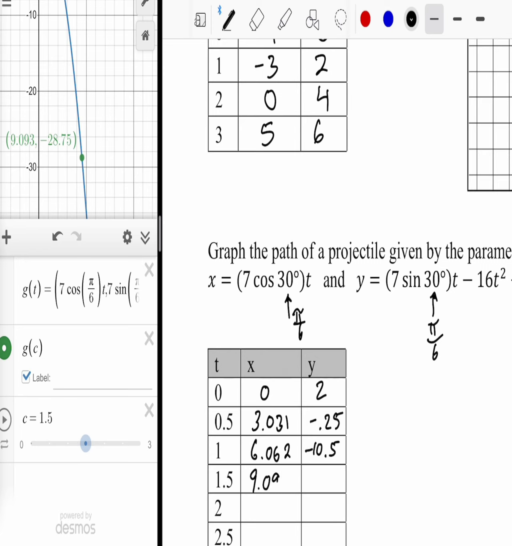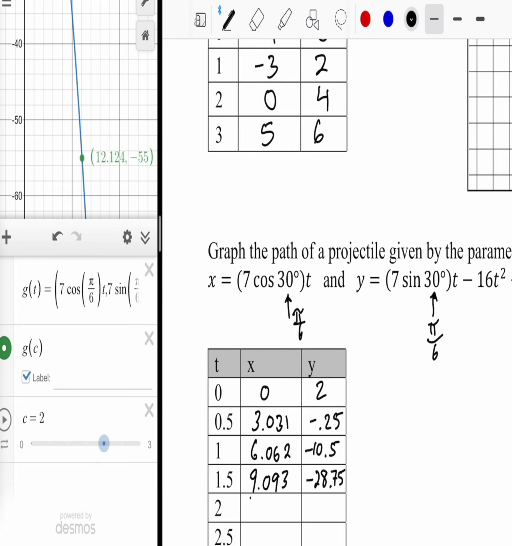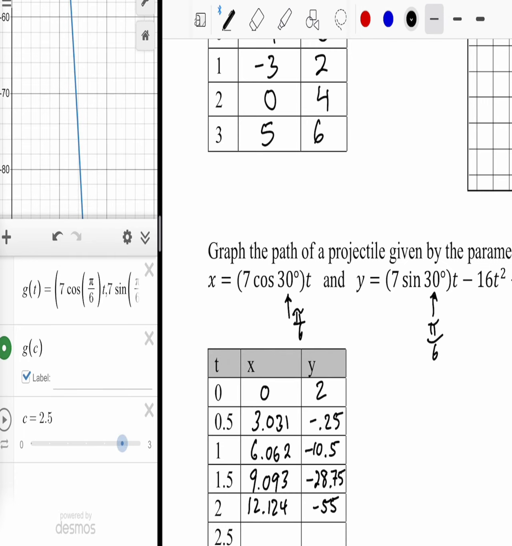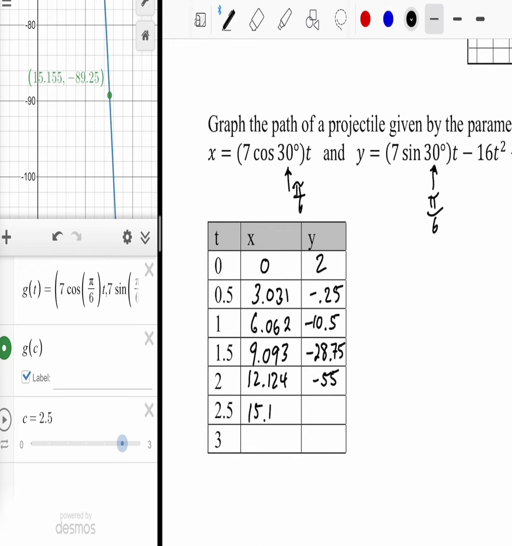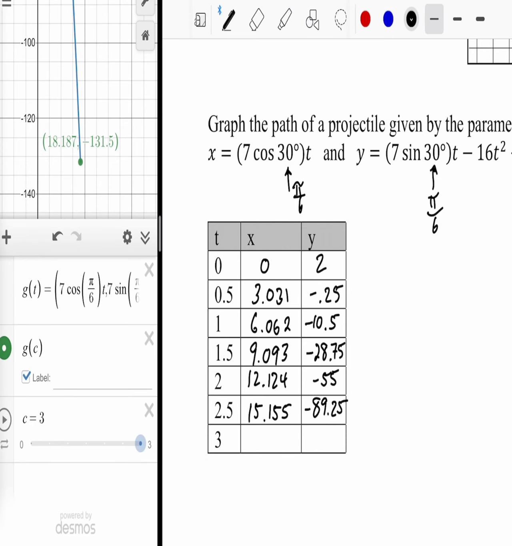9.093, negative 28.75. 12.124, negative 55. 15.155, negative 89.25, and then the last one, 18.187, negative 131.5.